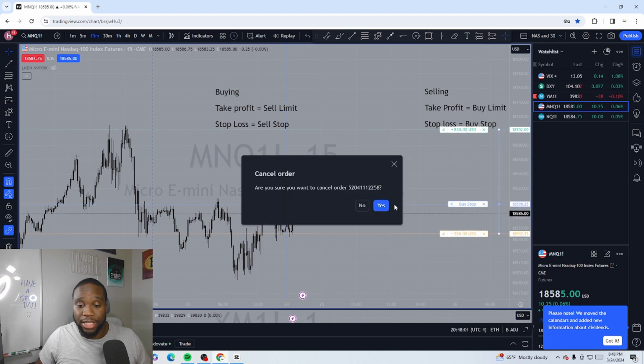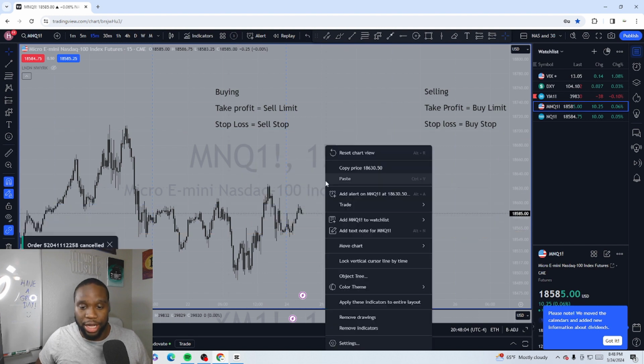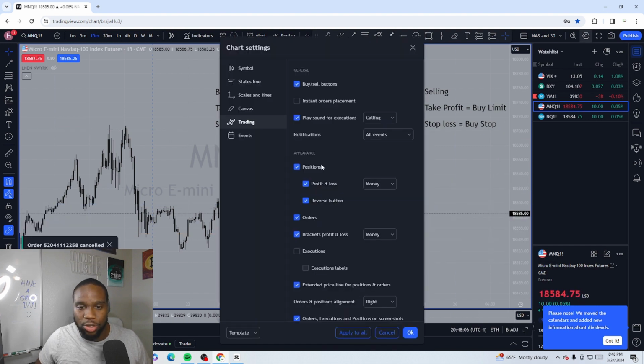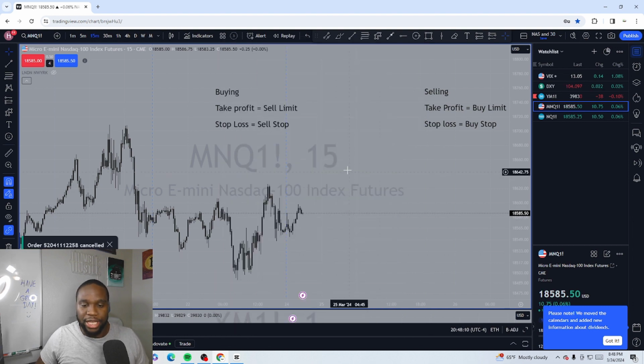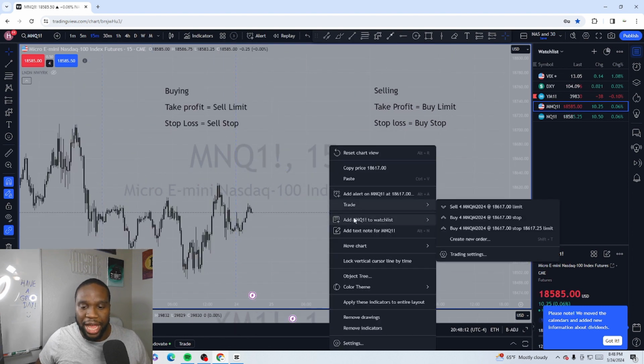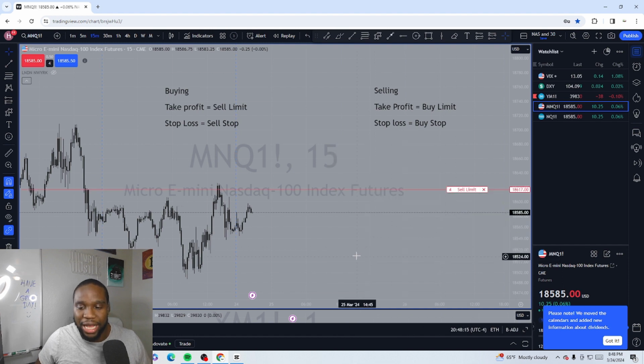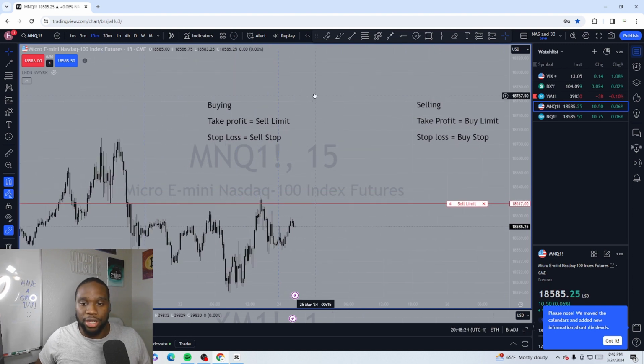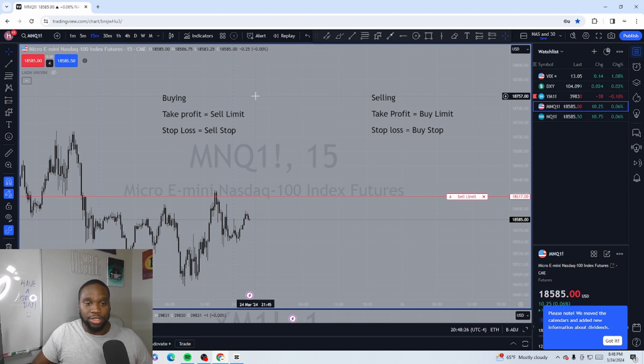But let's say you just want a market order entry and you want to get in as quick as possible, so you use instant order placement. On an instant order placement, you will not have the option to put a buy or sell stop, so you won't have a stop loss or a take profit. If that happens to you, here's the formula.